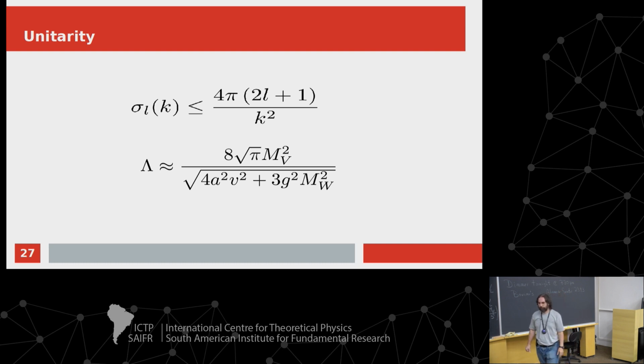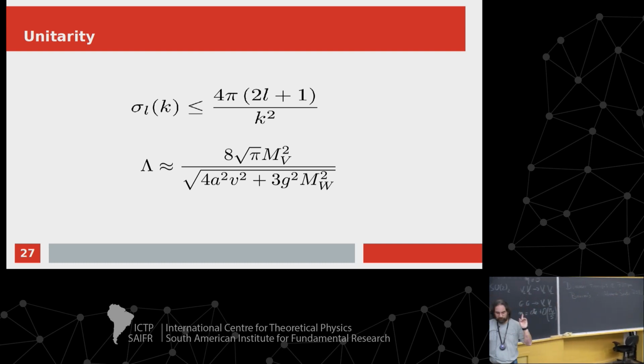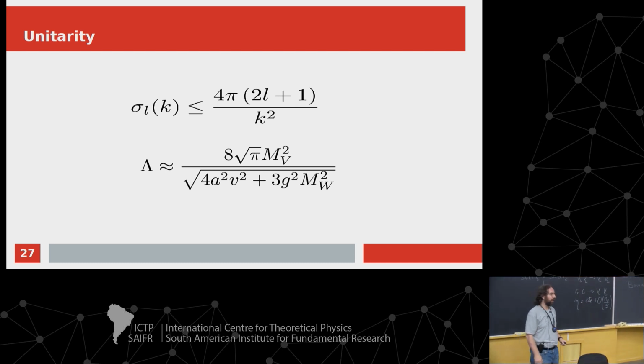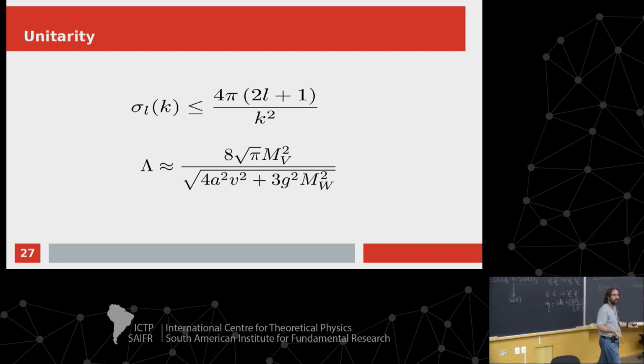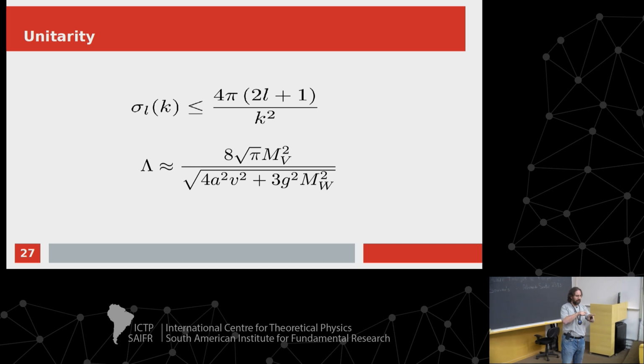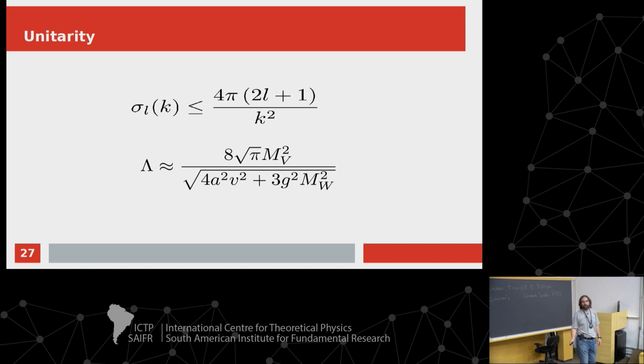So, indeed, this is a very interesting feature because if you try to quantize gravity, for instance, the trilinear graviton vertex is problematic and introduces a unitarity violation. And the same thing or a similar thing happens in this model. So it's quite interesting from the theoretical point of view.